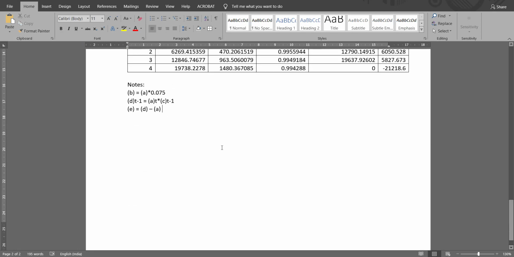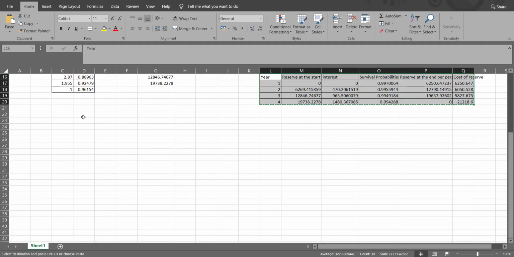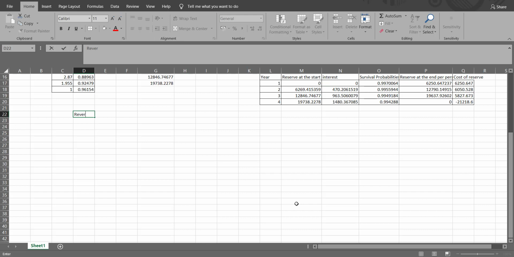So finally, I'll just present the revenue account to you. Let us start with what the revenue account will look like. Okay, that is the profit testing table. So you have years T, which goes from 1, 2, 3, and 4. Then you have your premium. What is the amount of premium that you're receiving?